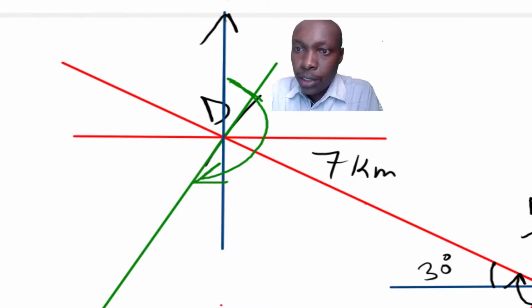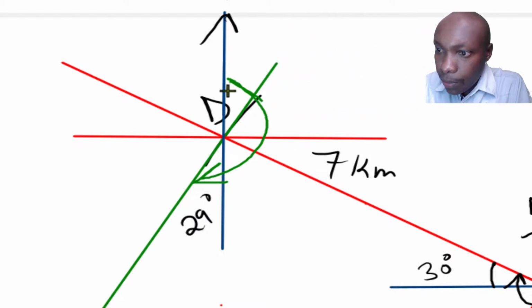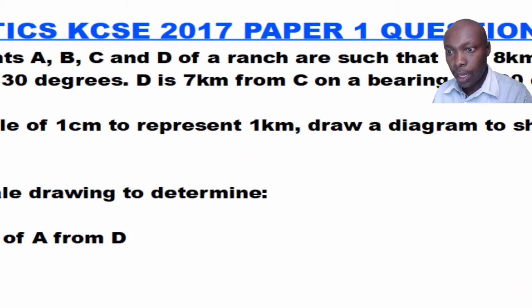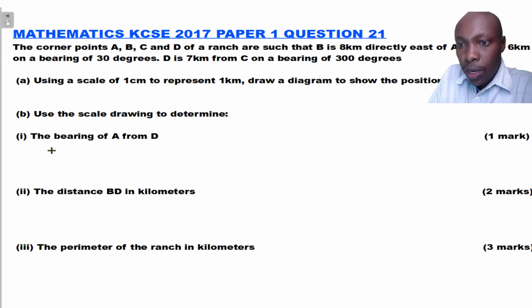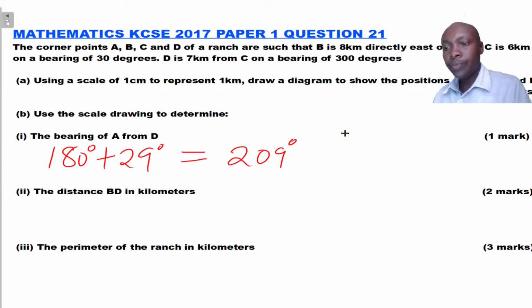So the bearing for this matter will be 180 degrees plus 29 degrees, which is going to give 209 degrees.